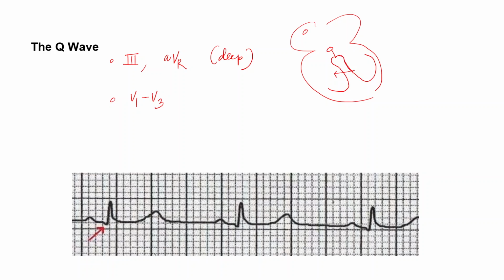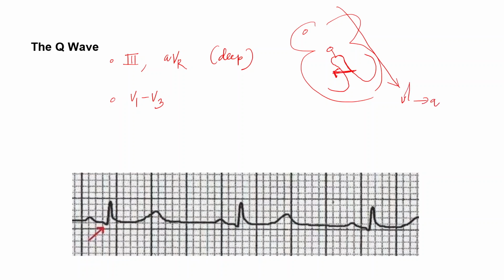So the left bundle depolarizes first, and it will depolarize the septum from left to right. That's why septal depolarization will produce a small negative wave in lead 2. In lead 2, the direction is the direction of the cardiac axis, so septal depolarization is opposite to the normal direction of lead 2. So it will produce a small negative wave, and that is the Q wave.